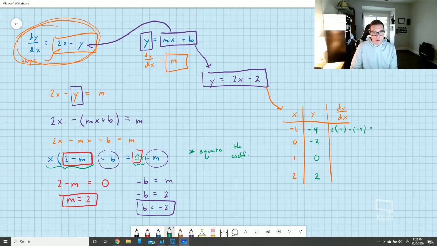Negative 2 plus 4 is 2. So you're telling me that in this linear equation, the slope at this point is 2. And yeah, of course it is, because it's a line. So the slope is 2. How about 0, negative 2? Does it work also there? Well, if we plug in 0, negative 2, we get 2 for the slope there. If I plug in 1, 0, I get 2. If I plug in 2, 2, I get 2.